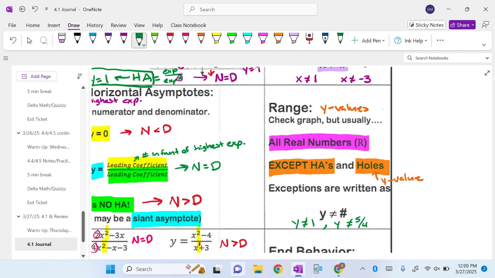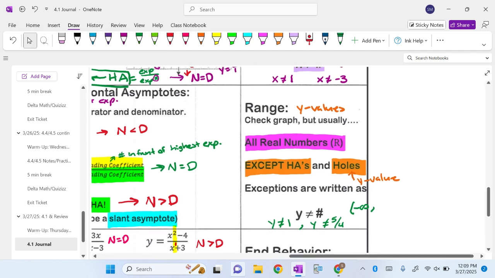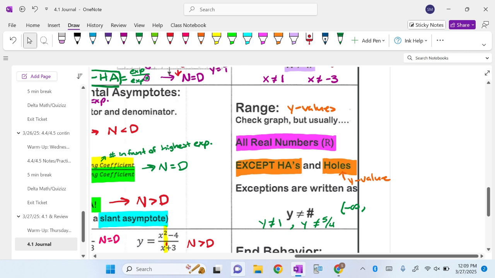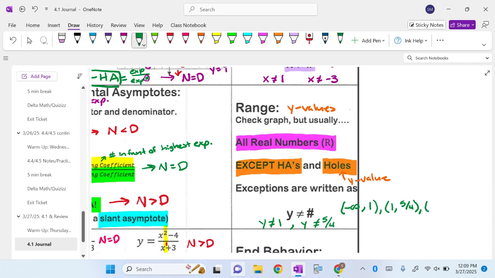So my range in this case would be, we start at -infinity to where? Where does it stop for the first time? What's my lower end of the excluded y values? 1. Then we go from 1 to 5/4, and then from 5/4 to infinity.